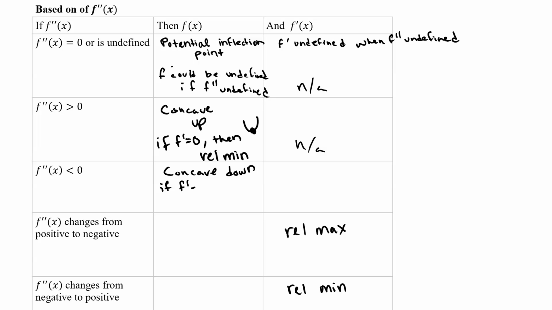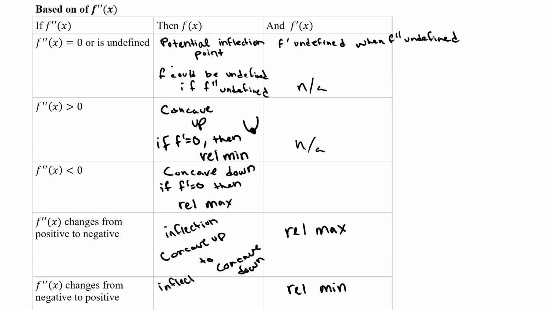Sorry I flubbed this one up, guys. If our second derivative changes from positive to negative, that means we have an inflection point where we change from concave up to concave down. And then this is an inflection where the opposite happens.